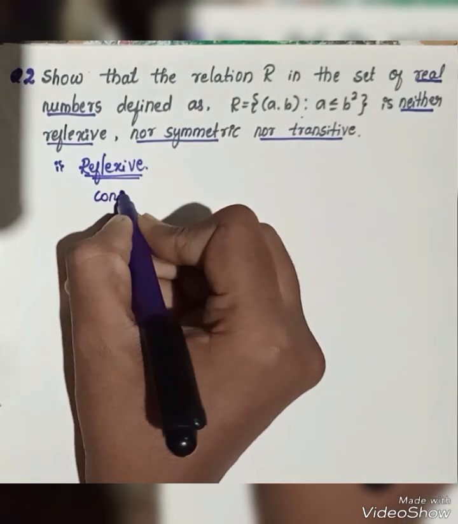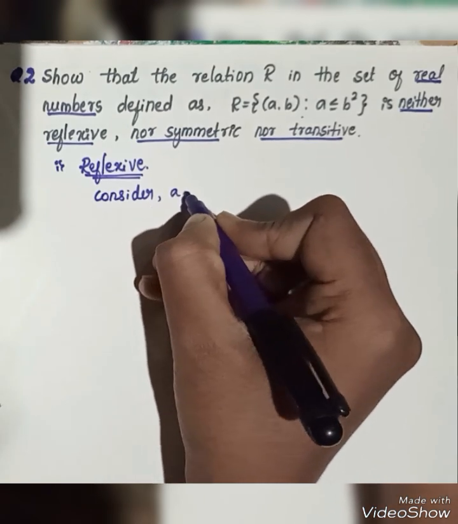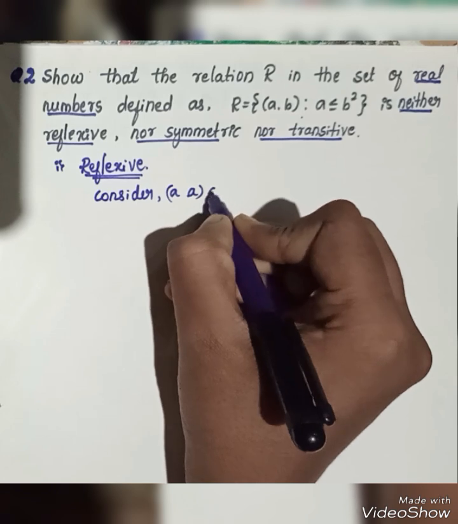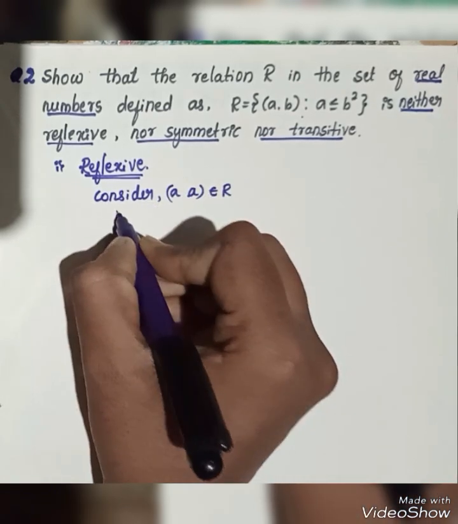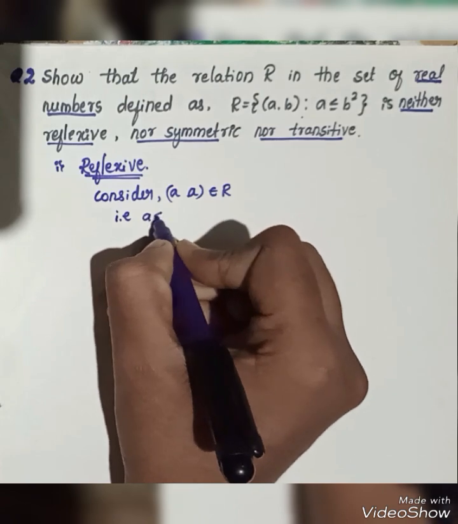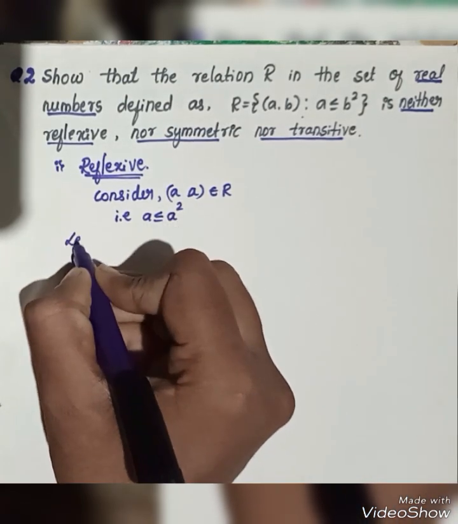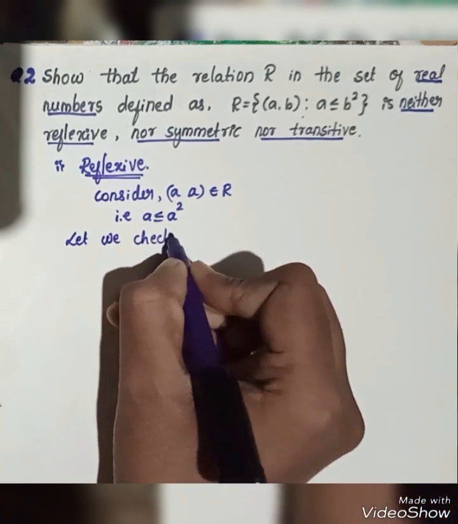Consider an element A, that is, A comma A belongs to R. That is, A is less than or equal to A square. Let me check the condition.